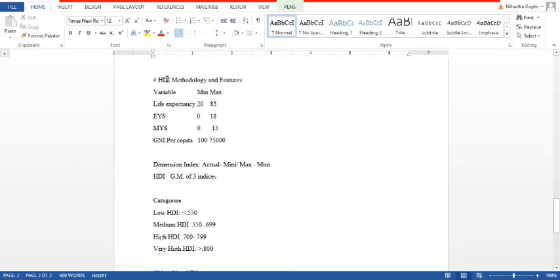Now this is the HDI methodology. We have to compute three indices: health index, education index, and income index. These are the values you have to memorize.